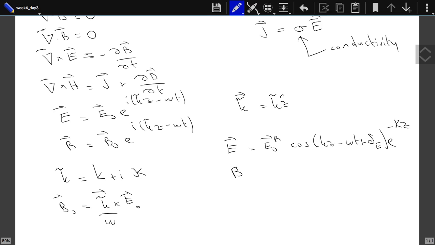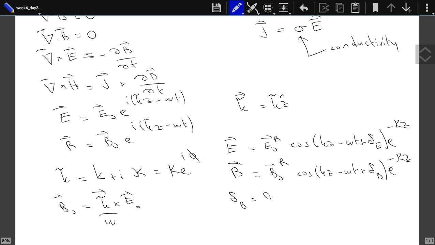Whereas the B field is B0, this time a real vector, times cosine(kz minus omega t plus some other phase), again with the same decaying factor. These phase shifts are related to the phase of this k vector. Let's say it is some magnitude multiplied by e to the power i phi, and delta B just turns out to be phi plus delta E.